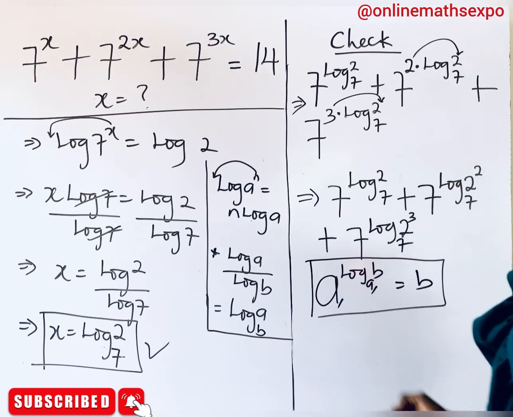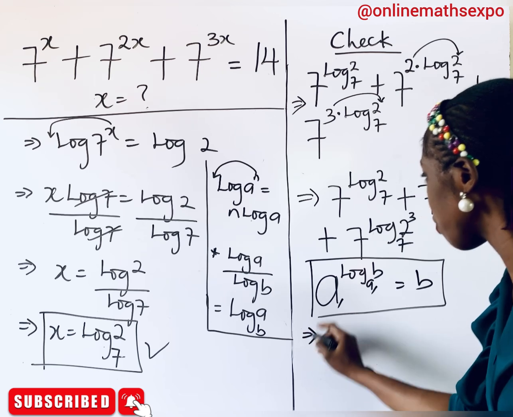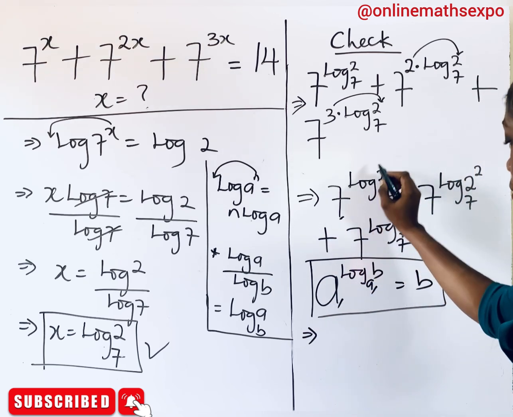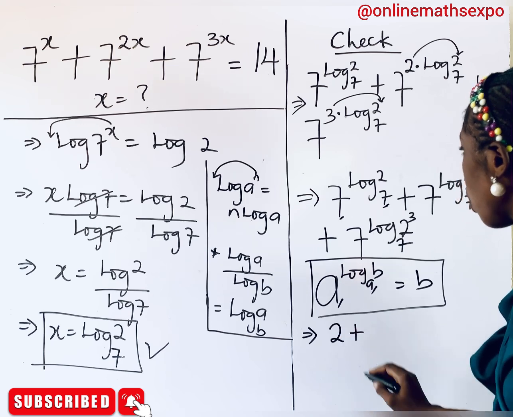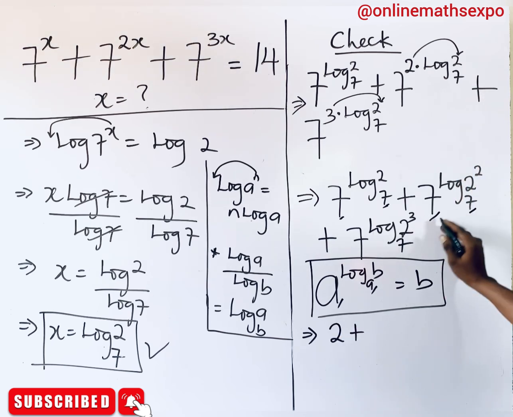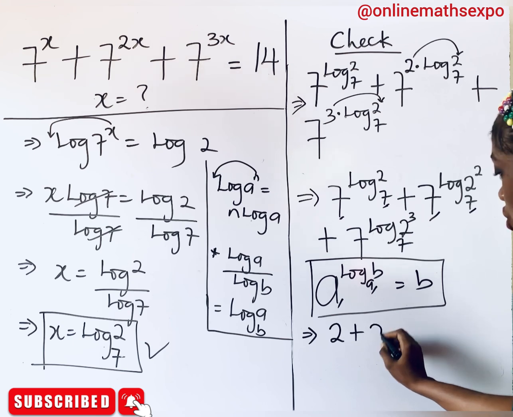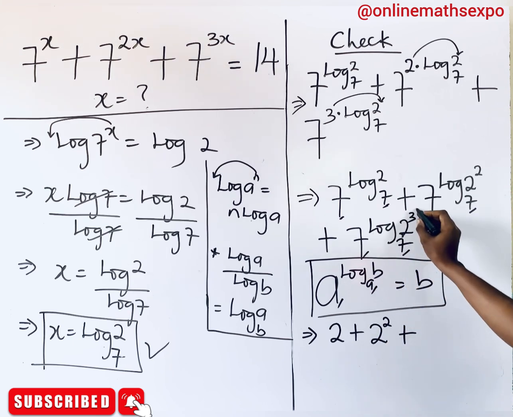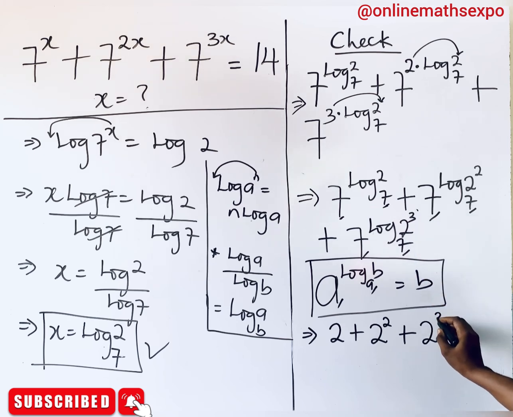So if you apply it here, this and this are the same, so the value should be 2. Plus, this and this are the same, so it should be 2 raised to power 2. Then we have 2 raised to power 3.